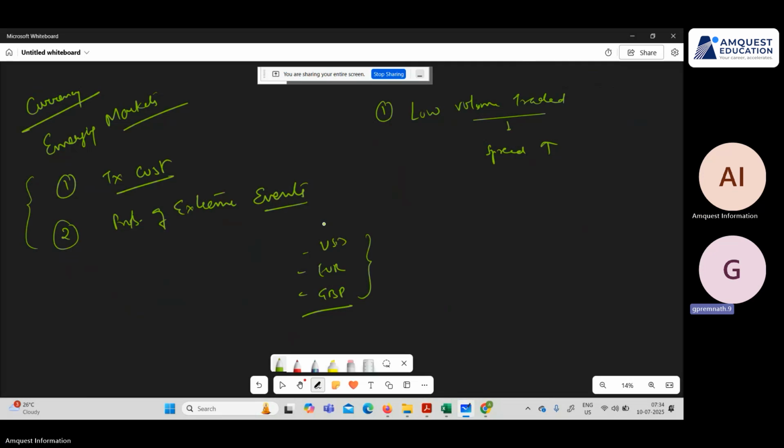Take a simple example: the shopkeeper is going to buy Kurkure at 8 and sell at 10, versus DMart is going to buy at 8 and sell at 8.5, because he's just going to sell 2 versus going to sell 200. So the spread in this case is 0.5, and in the other case it is 2 rupees. So another problem is that the volume traded is low, so the spread would be higher.